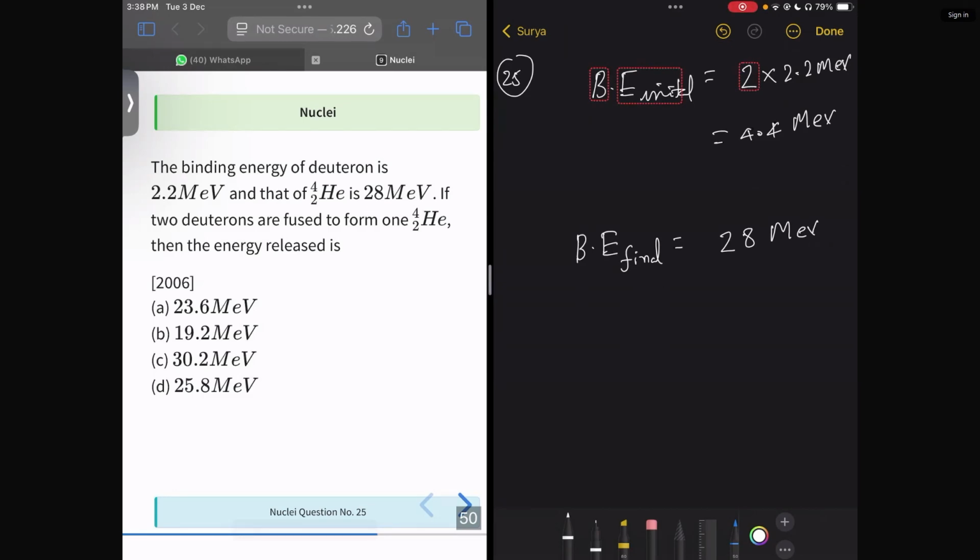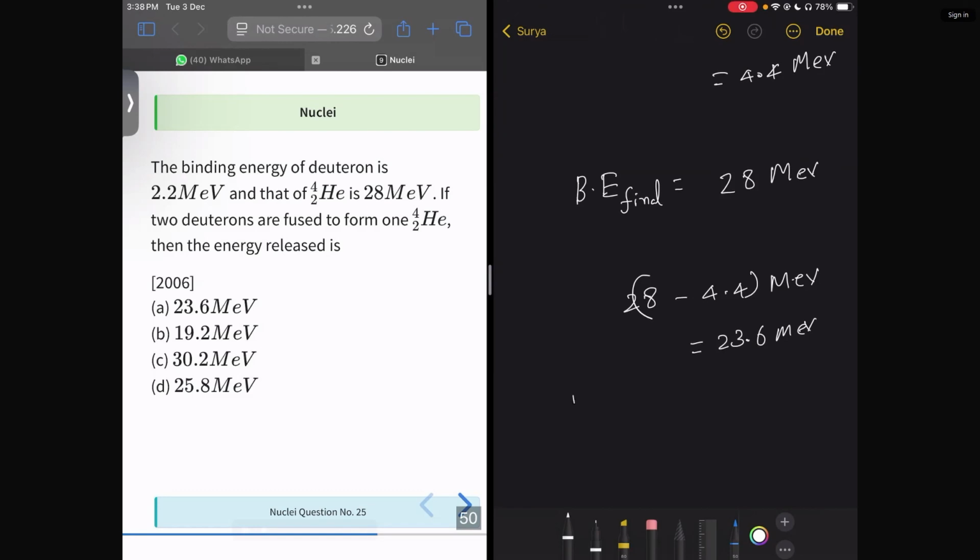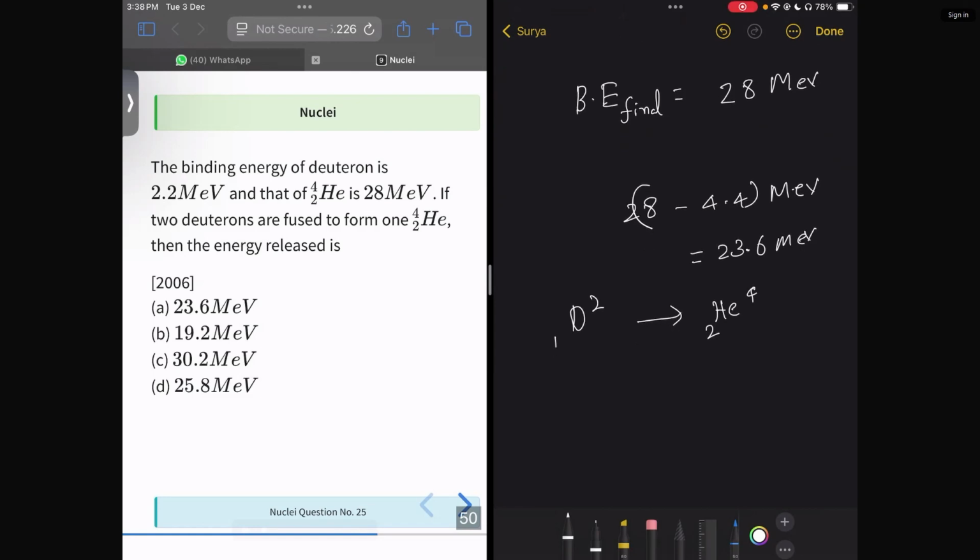It will be 28 minus 4.4 million electron volts, which is 23.6 million electron volts. So when deuterium converts into helium, the energy released is 23.6 million electron volts.